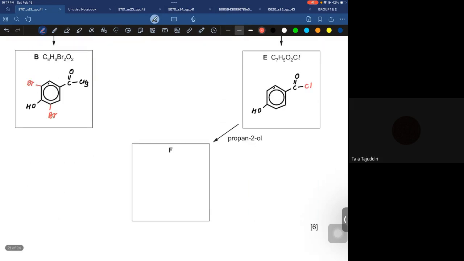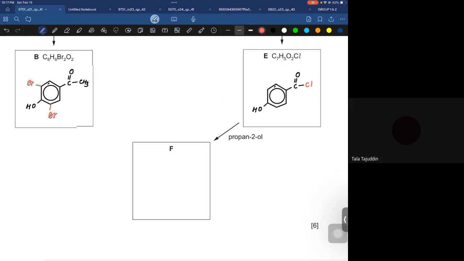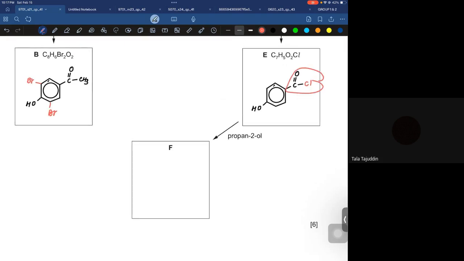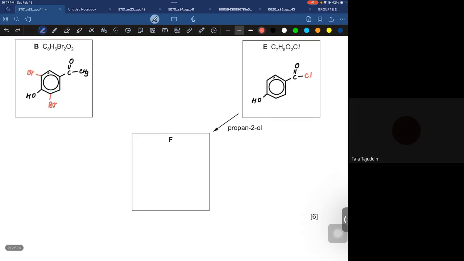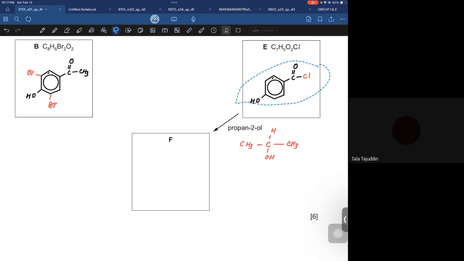Then it's going to react with propane 2-ol. So propane 2-ol would react with this acyl chloride, and it would be forming an ester. So propane 2-ol is this. This H and this Cl would be reacting together. So I can say that I'm going to draw the same compound again.